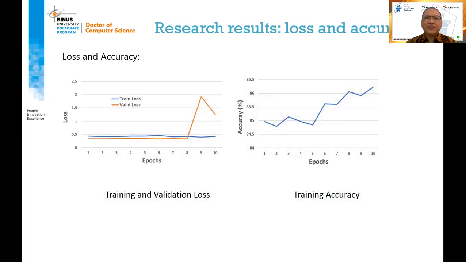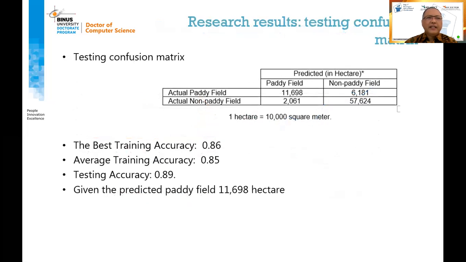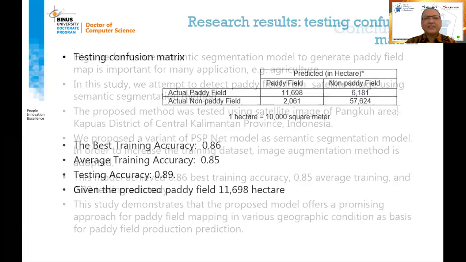However, from the training accuracy curve, it seems that the model learned gradually during the training process. So the testing confusion matrix can be summarized as: best training accuracy 0.86, average training accuracy 0.85, testing accuracy 0.89, and the predicted paddy field from the Pangko area is 11,628 hectares.